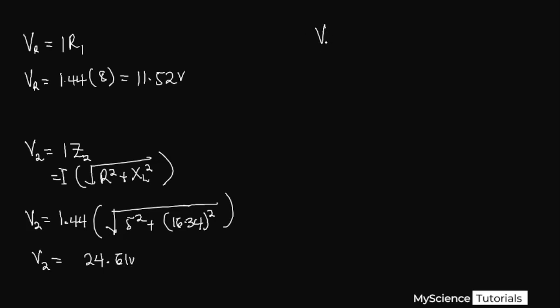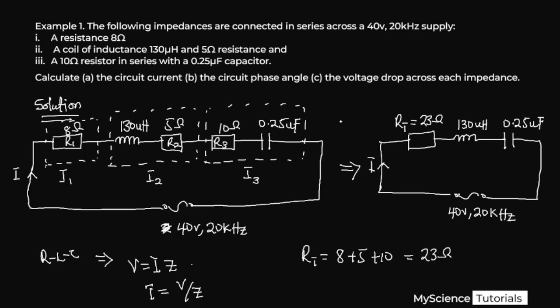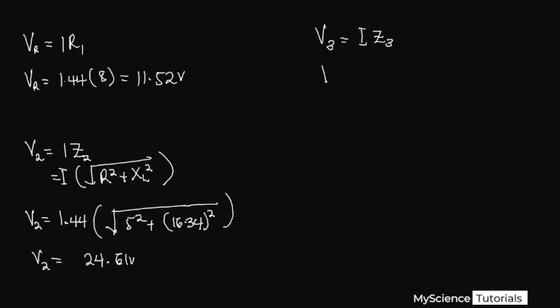Now let's look at the voltage drop across the third impedance. That will be equal to I multiplied by impedance 3. Now what is impedance 3? If we go back, we realize impedance 3 has a resistor of 10 ohms and a capacitor. So V3 is equal to I multiplied by the root of resistor 3 squared plus capacitive reactance squared.